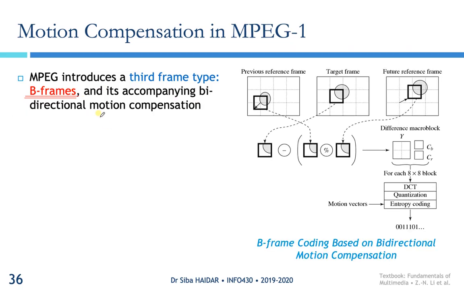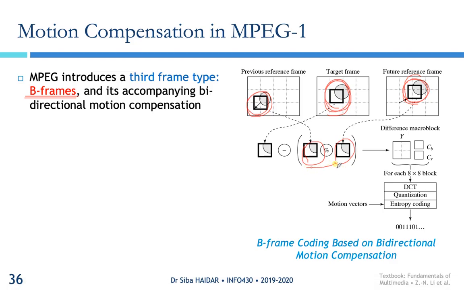How do we do motion compensation now? You have the target frame, and for each macro block, the target macro block. You will search for the corresponding macro block from the previous reference frame and from the next future reference frame. You will have two motion vectors, okay? So you will have two motion compensations, each from one of the directions.